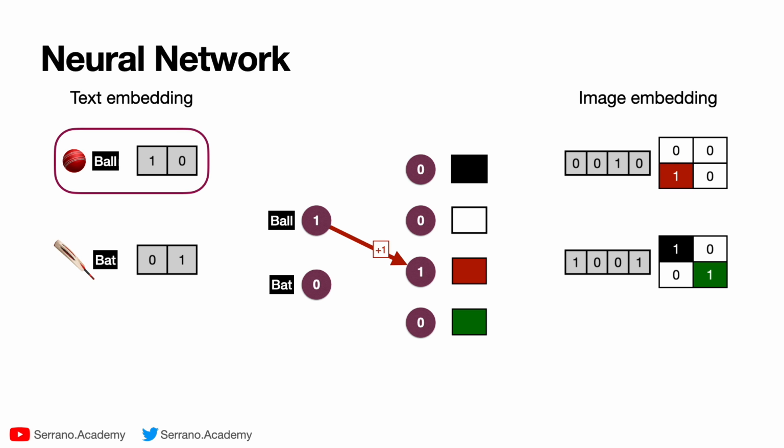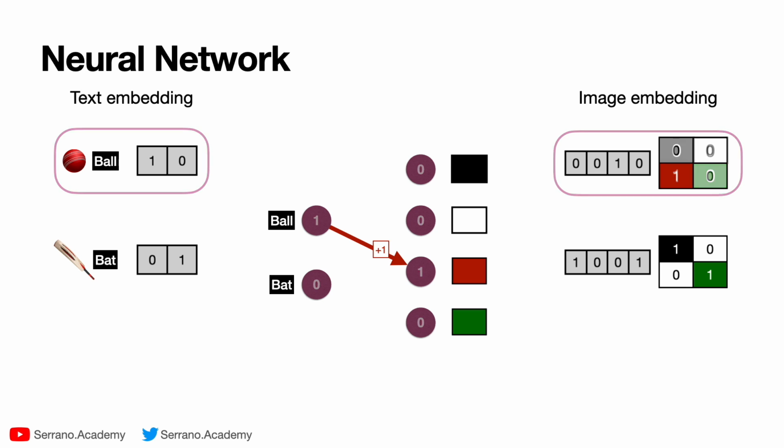And so the image of ball, which is 1, 0, becomes 0, 0, 1, 0, which is precisely the image of a ball in the embedding. As you can see, these numbers map to 0, 0, 1, 0. So this really simple neural network where I only have one edge maps the ball in the text embedding to the ball in the image embedding.